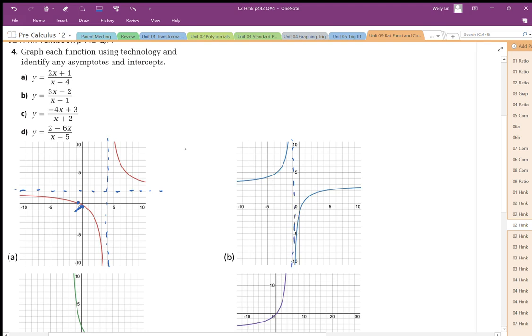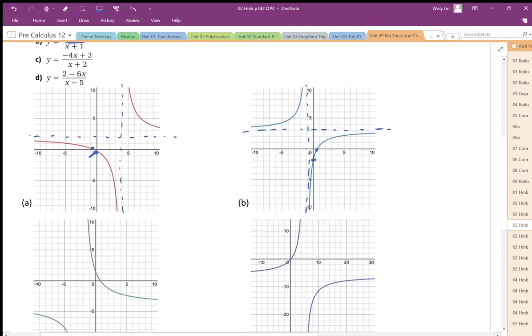Our end behavior, 3x over x, gives us the horizontal asymptote at positive 3. We plug in x is 0, negative 2 over positive 1, or negative 2, works out to be our y-intercept. And the solution to the numerator gives us our x-intercept at positive 2/3.